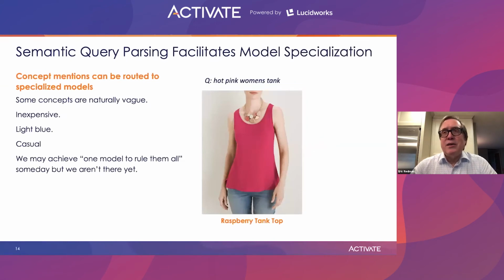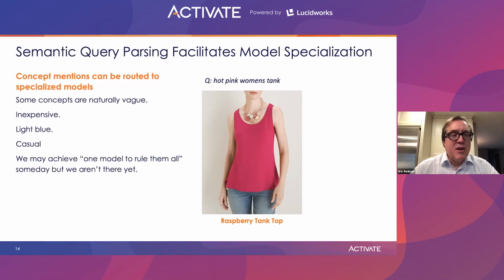Here's a second idea. Again, this is pretty closely related to what I just talked about for semantic query parsing, but since we are identifying concepts in the query, maybe some of those concepts require some special processing, like a model that's specific to the concept.